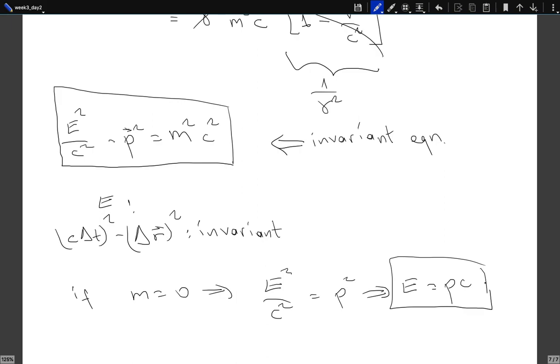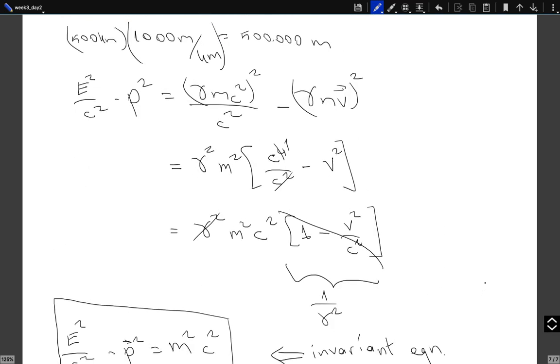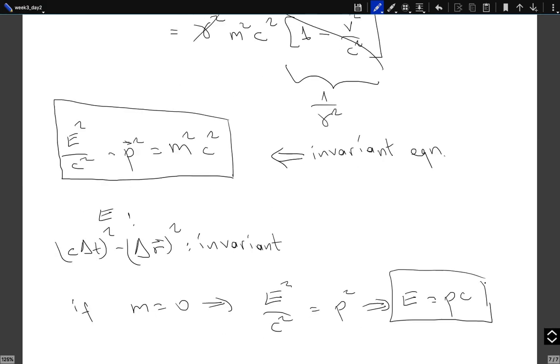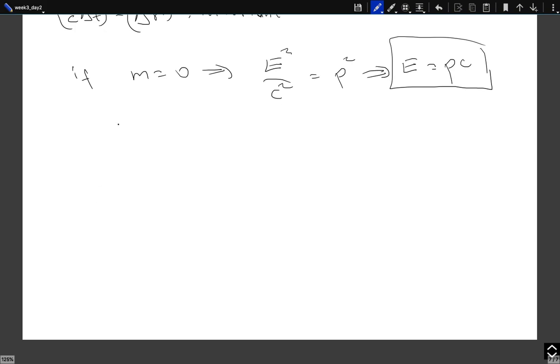Now, what about its speed? We argued that by claiming that these expressions should make sense, gamma should be infinite, and hence the speed of the object should be equal to c. Well, we can also look at the definition of the velocity of the object. The velocity of an object can be determined as the momentum of the object divided by E over c squared.